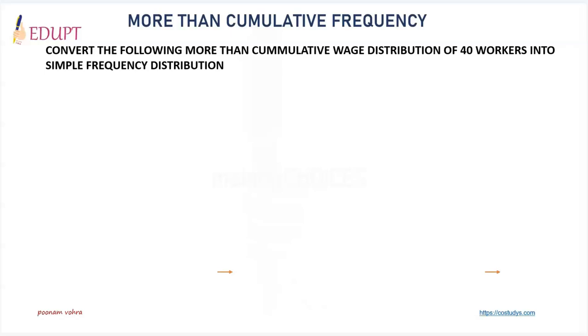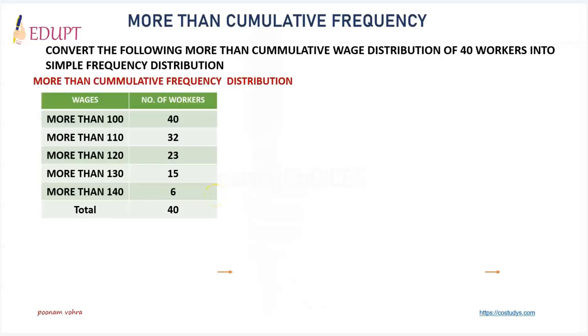Now suppose a more than cumulative frequency distribution is already given to you and you need to convert it into a cumulative frequency distribution. For that, first focus on the wages or the class intervals.